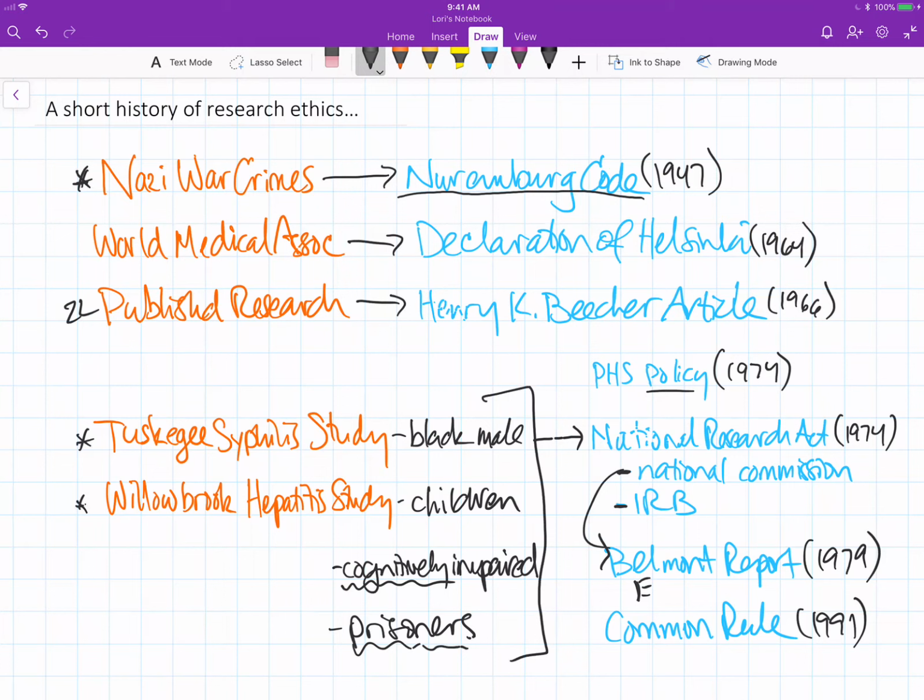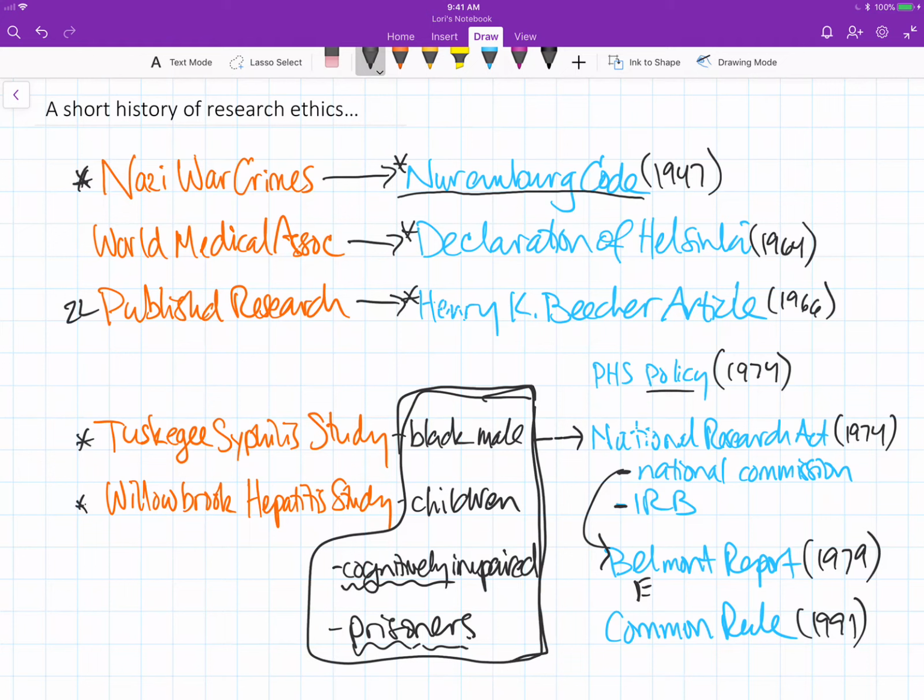And then the idea that a lot of times we had issues with populations that were maybe marginalized or lacked the ability to speak for themselves. So that concept. Also, the Nuremberg Code, the Declaration of Helsinki, and the Beecher article are all really important things that kind of came out of all of those problems.